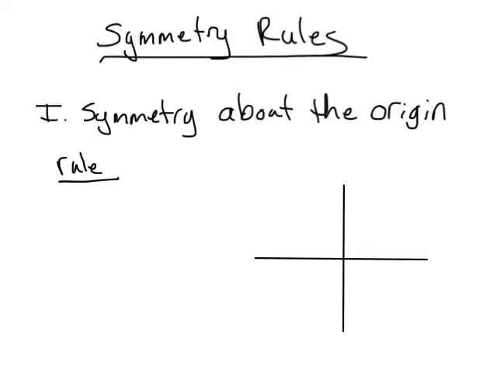That means if a point is up in the first quadrant, then if you reflect it through the origin, another point should be down here in the third quadrant. So the rule for that looks like this. If x, y is in the function as a point, then negative x, negative y will also be on that function or relation.